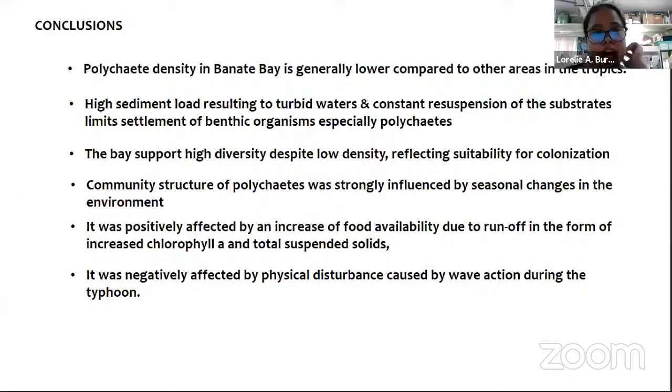High sediment load resulting in turbid waters and constant suspension of the sediment limits the settlement of your benthic organisms, especially polychaetes. Although the bay supports higher diversity despite low density, polychaete density reflects seasonal changes in the environment, in the form of increased chlorophyll and total suspended solids. And it is negatively affected by physical disturbance caused by wave action during typhoons.